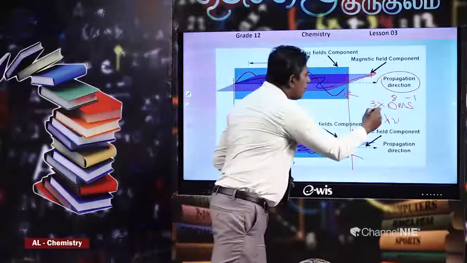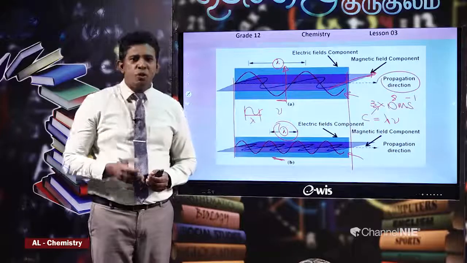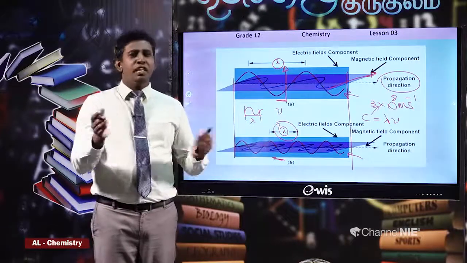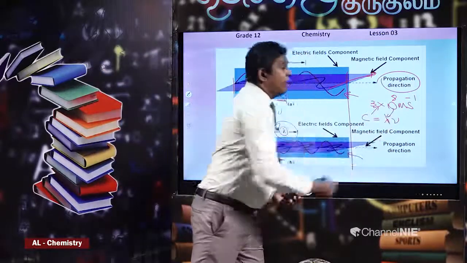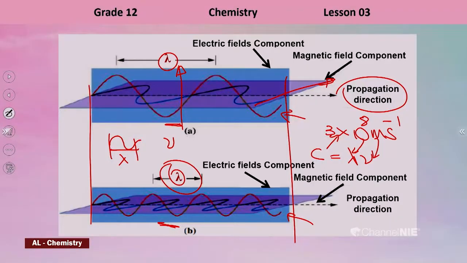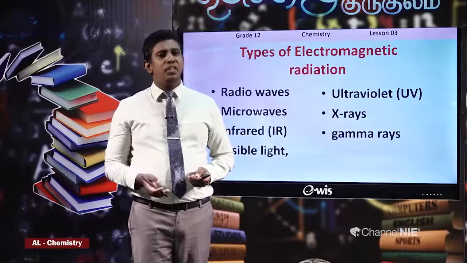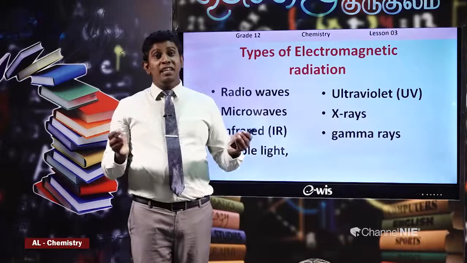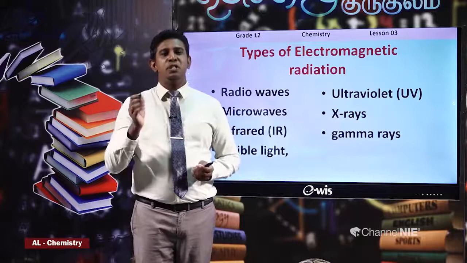So all the electromagnetic radiations have the same speed or velocity. For that reason, different electromagnetic radiations have varying wavelengths as well as frequencies. Having different wavelengths and frequencies, different categories of electromagnetic radiations are possible.